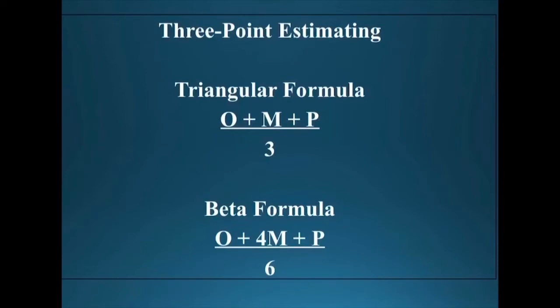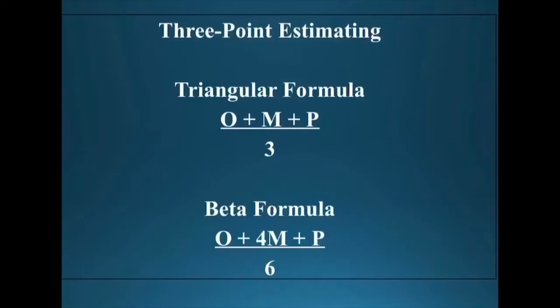If we use the beta formula, it will be O, which is optimistic, plus 4 times most likely, so 4M, plus P, divided by 6. Now, the reason why it's divided by 6 and not divided by 3 is because we're adding 4M as opposed to what we had before, 1M. So we have 1 optimistic, 4 most likely, and 1 pessimistic.